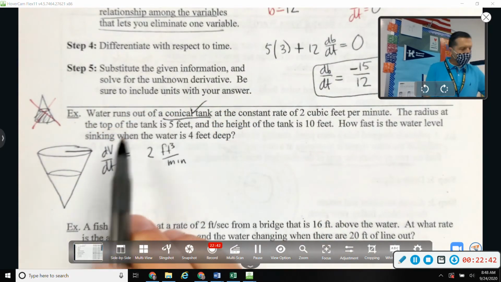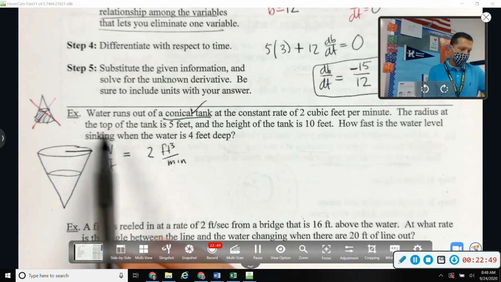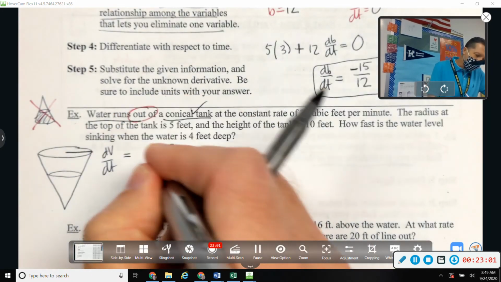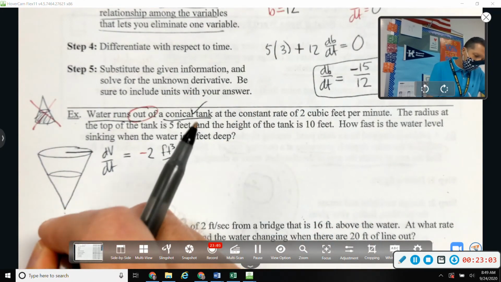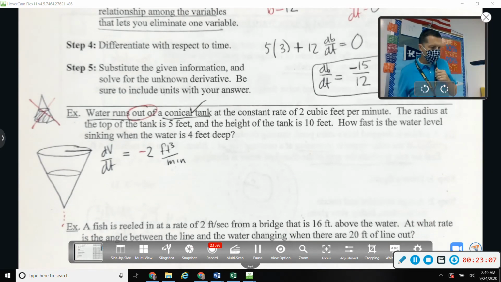And you could get that from the statement, or you could just get it from the units. Feet cubed per minute is volume per time. But it also tells you water runs out. Oh, speaking of runs out, what have I not got right? Negative, because it's leaving the tank. So the volume is decreasing in the tank at 2 feet cubed per minute.